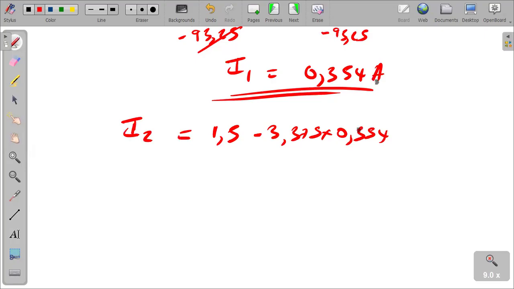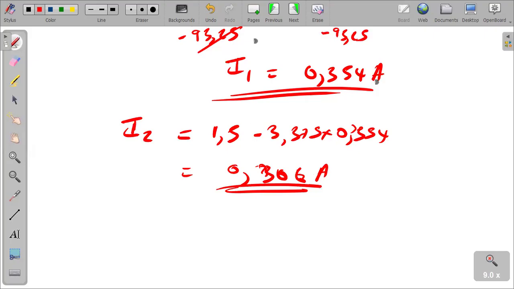And we will get 0.305, which is still fine. That marks our I2 there. So the magnitudes of the two currents I1 and I2 are the ones we have now there, right? So that marks I1, that marks I2.